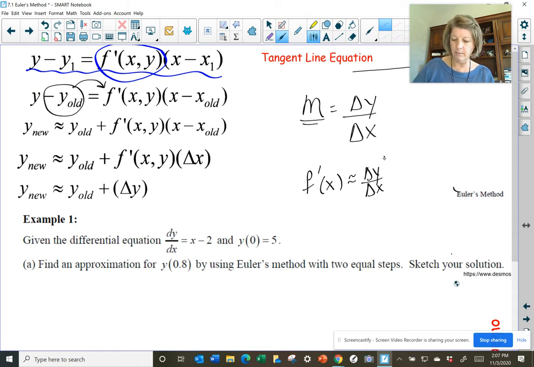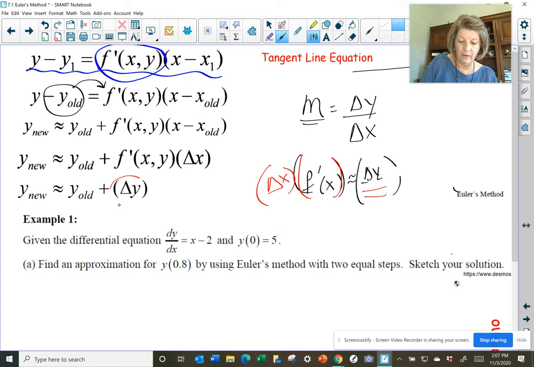What happens if I multiply both sides by a delta x? Well, I get that delta x times the slope calculated is our change of y. So that's where this is coming in. I'm saying the change of x times the slope will leave us a delta y.